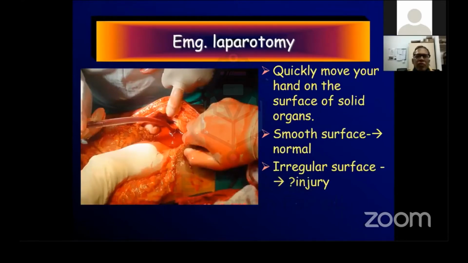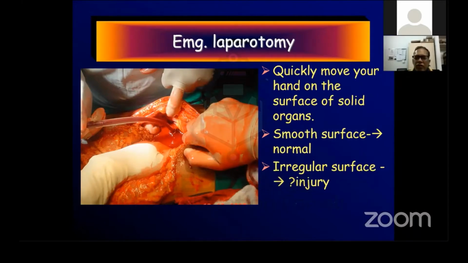Whenever you are doing a laparotomy for bleeding, the scenario will be like this. Here, do not keep sucking out everything with blood coming out. As soon as you open, quickly move your hand over the surface of the solid organs. The hand will usually slide over a solid organ, but if you find irregularity of the blood clot, that is on your side. Do not dislodge the clot.